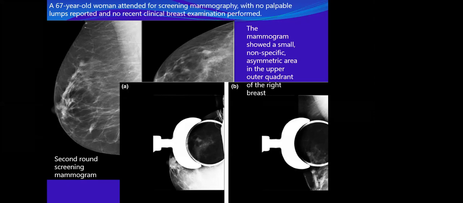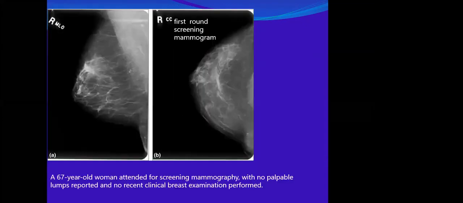We mentioned before the importance of previous mammography. We should always ask about the previous mammography. It's not in the system, and we have told the patient always to keep her mammography with her. If she's coming for a new study, she has to bring all her previous mammography with her. So we need to compare it with the previous.